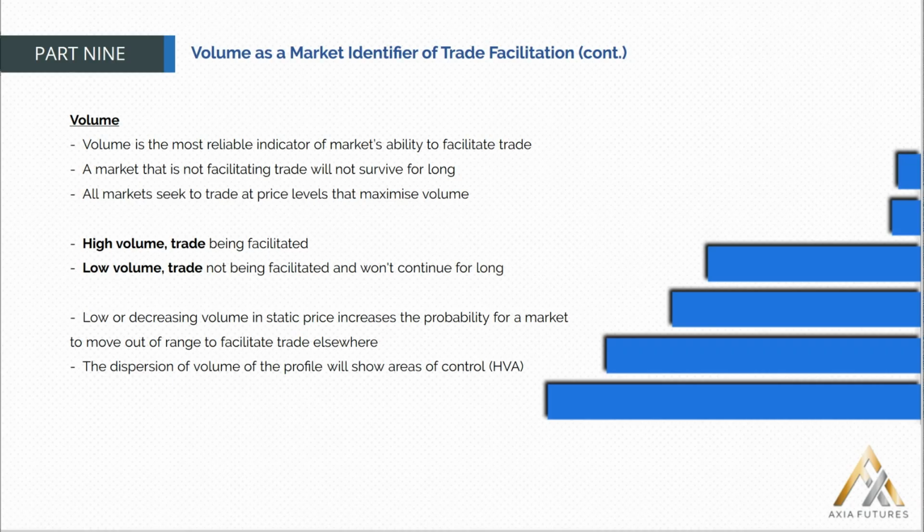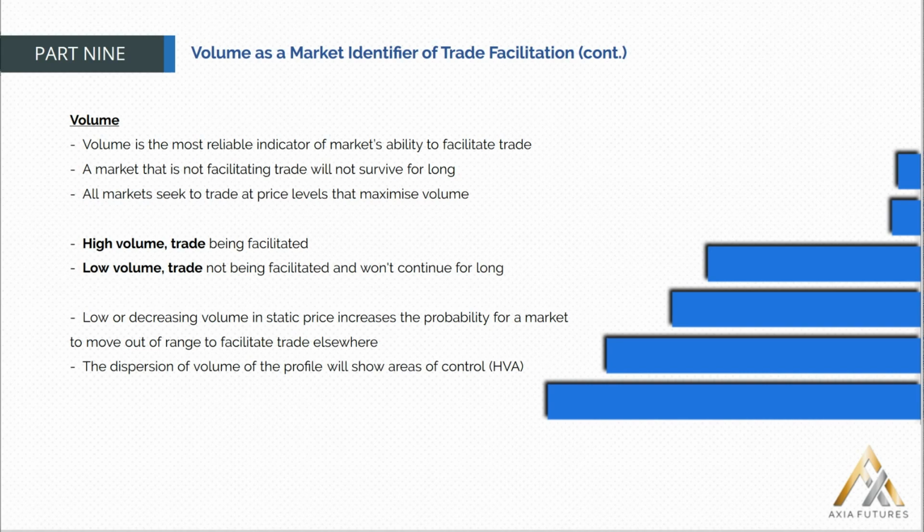Now, if as prices go lower, we cannot see buyers stepping in to facilitate trade, the market will keep moving lower until it finds that point where buyers feel property prices are at a discount. So again, the basic example of property is no different to the basic ideas we see in the markets day to day. They are all markets.